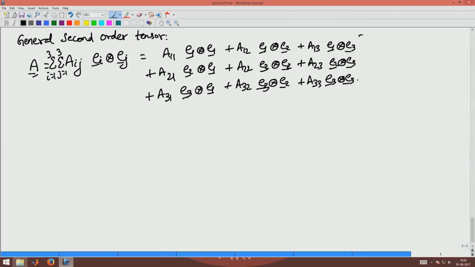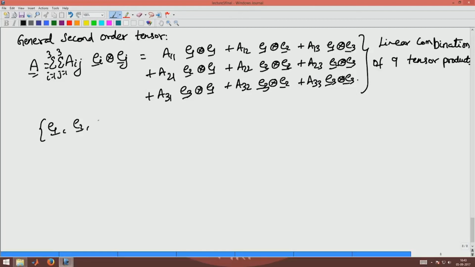This is a linear combination of nine tensor products, and here E1, E2, E3 are the orthonormal basis vectors, that is, the coordinate basis that you choose to represent any other directed line segments.